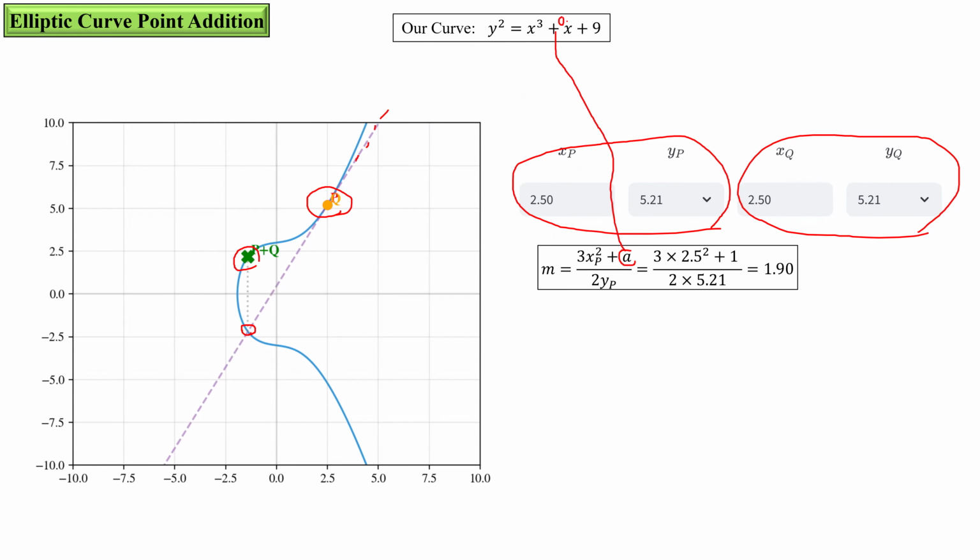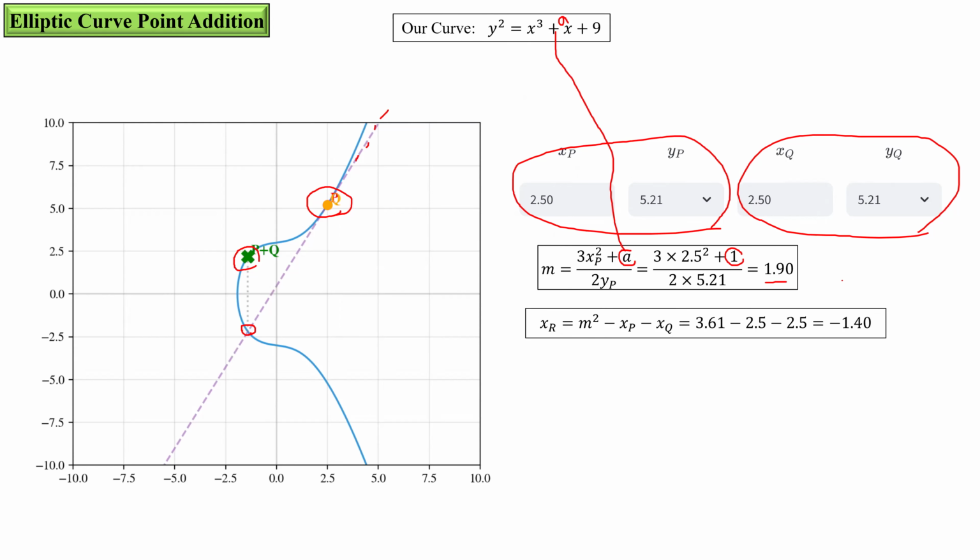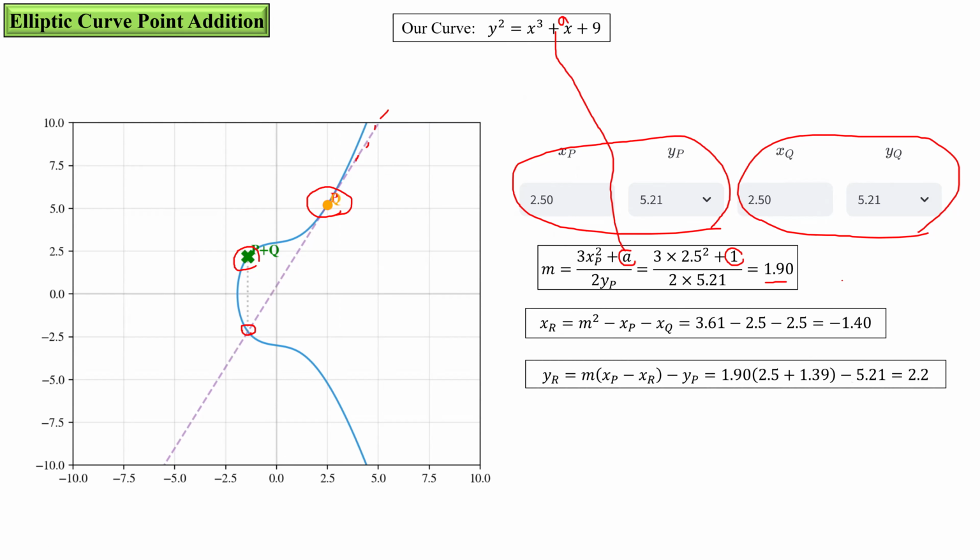This was the a value in the elliptic curve, which is 1 in our curve. Over 2 times the y coordinate of p, and if you put the value here, the slope equals 1.9, and then the formula to compute the x and y coordinates of point R, which is p plus q.